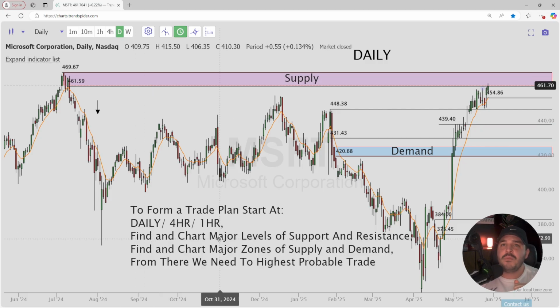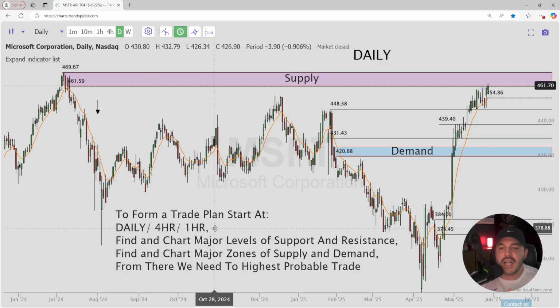So why are supply, demand, support, and resistance very important? Well, we have to know where the sellers are and where the buyers are. The market is made up of two things, buyers and sellers. So if we know the market is made up of just buyers and sellers, we form a high probability trade plan around that.